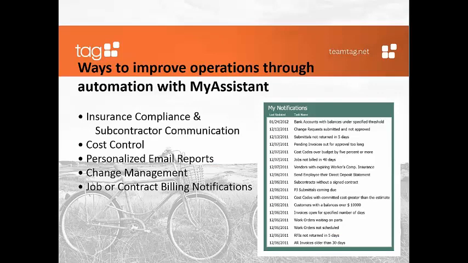Today we're going to focus on MyAssistant and the ways to improve operations through automation using this module. With this module, you can identify subcontractors with insurance expiring in 30 days and send them a personalized email requesting an updated certificate. You can also provide each project manager with a list of cost codes that are over budget or close to going over for their job. You can generate and distribute each project manager's job reports on a regular schedule automatically.